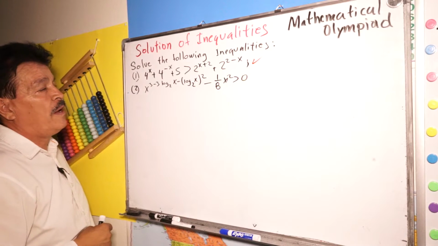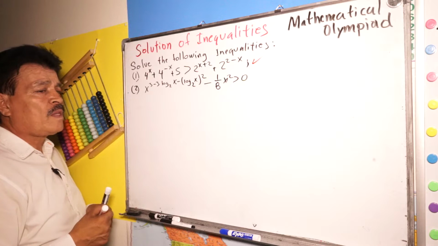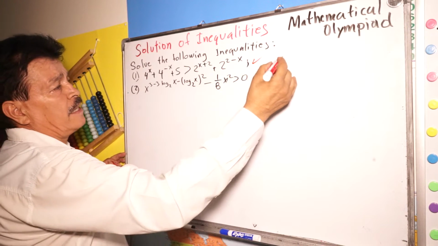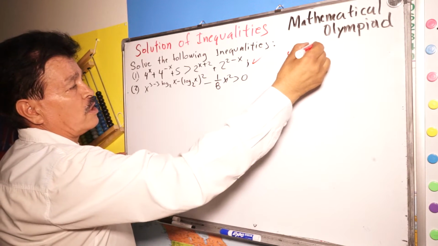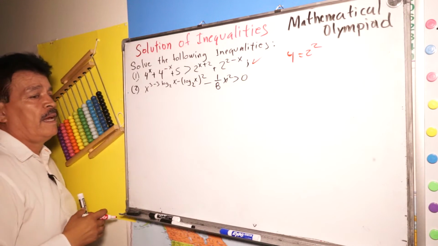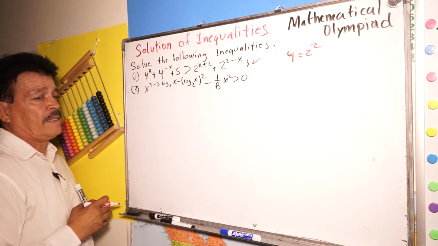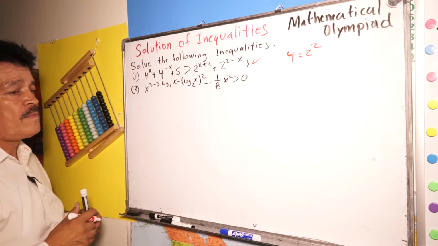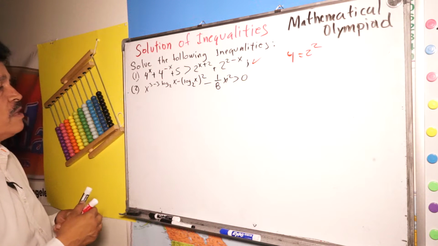However, in this problem, you can write 4 equals 2 to the second power, right? So our solution begins with unifying bases. Let's go and try to solve the first one.